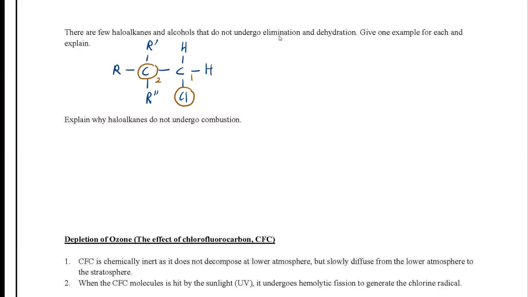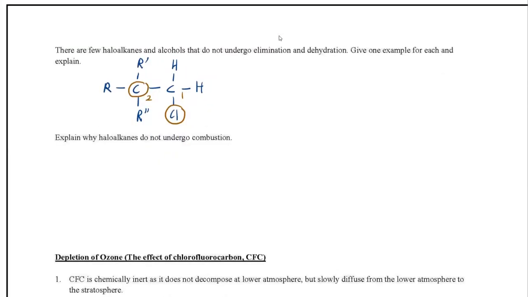Or simply I write down what's happening here. For example, I change this R2 into CH3. You can see clearly, even though this carbon has hydrogen, it is too far from this chlorine. So we can say that this chlorine atom cannot grab nearby hydrogen, in other words there's no available hydrogen for this chlorine to grab and form a double bond, a pi bond.